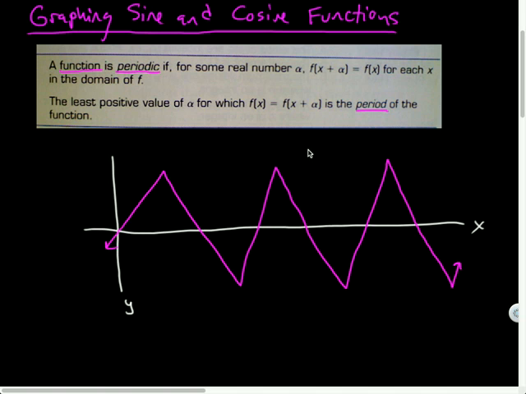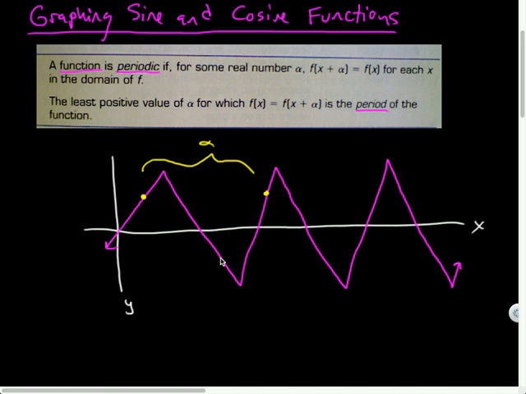This function would be periodic because, notice, f of x plus alpha is equal to f of x. Notice for this point here, over here is the same point, and it is alpha units away.